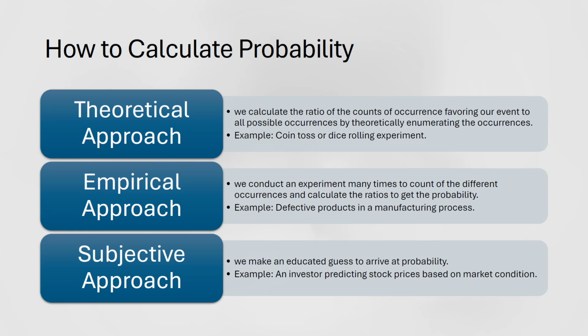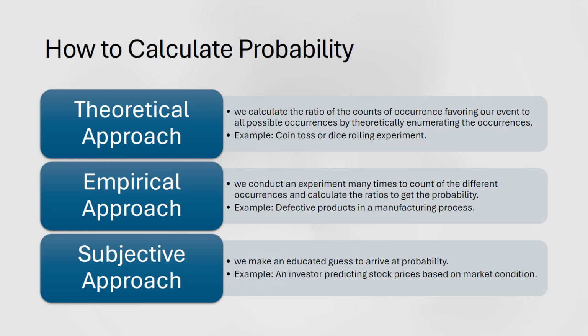So in a manufacturing process where the products are being produced at a large scale on a production system, we want to know what is the probability of getting a defective. It is impossible for us to enumerate the entire sample space because the products keep getting produced on and on.